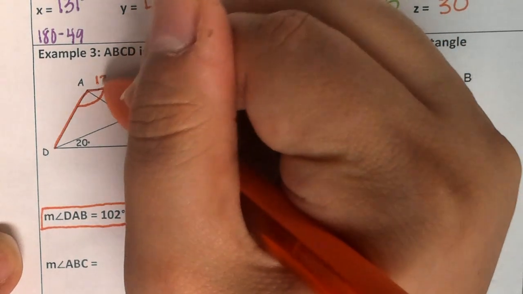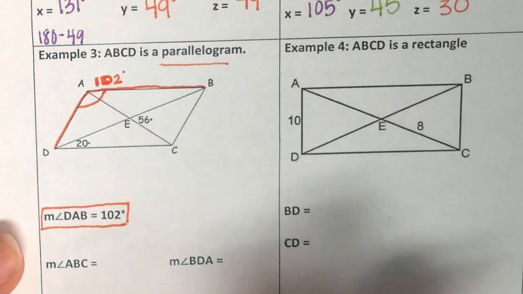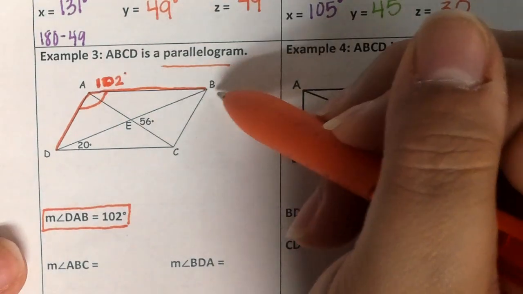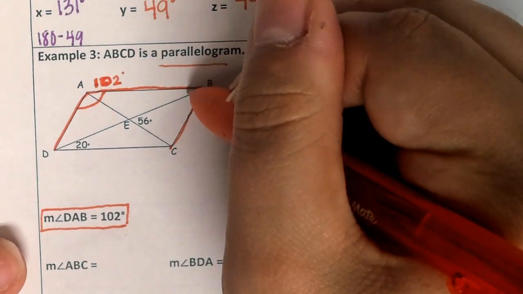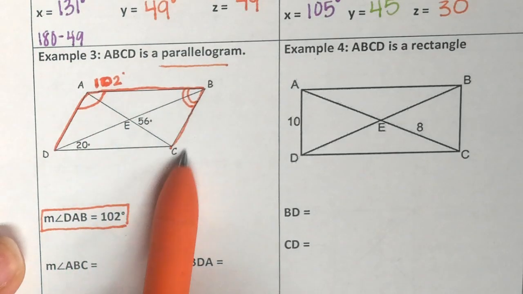And I'm going to put it on the outside because it's going to end up being a lot of stuff inside. If I know DAB is 102, what is ABC right here?